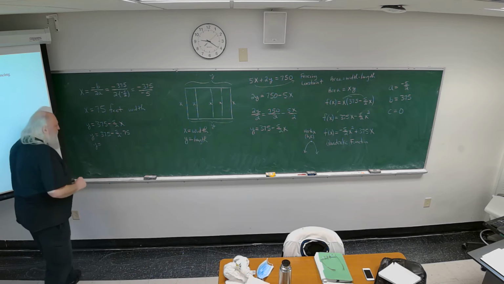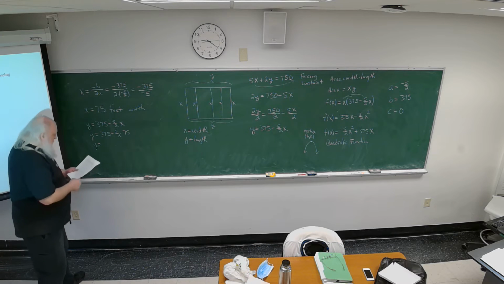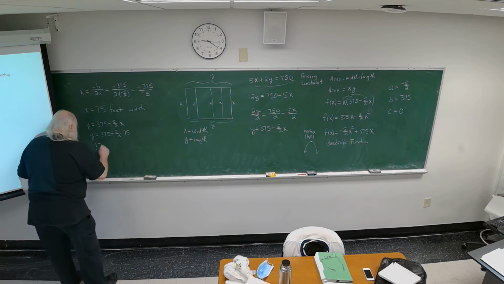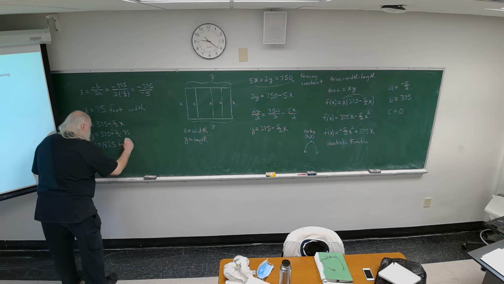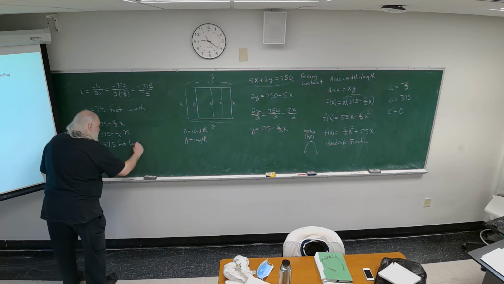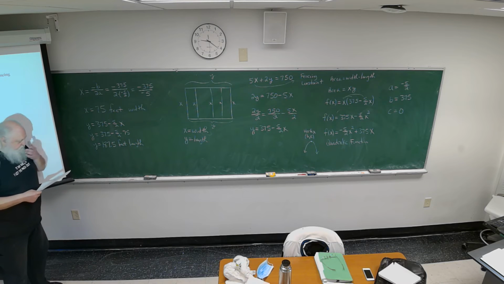And this is one of those cases where writing the answer as a decimal makes more sense because it's a word problem. So y is equal to 187.5 feet. That's the optimal length, okay?